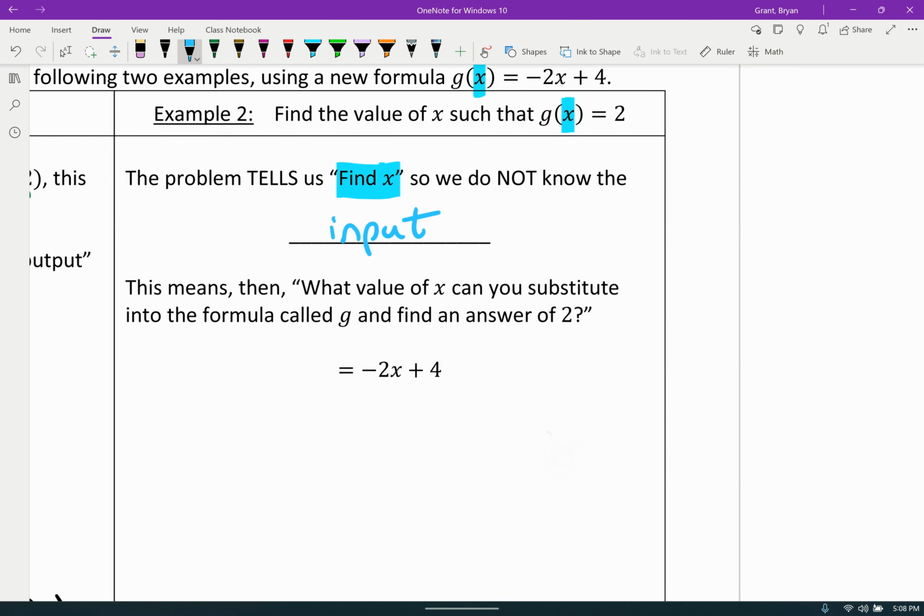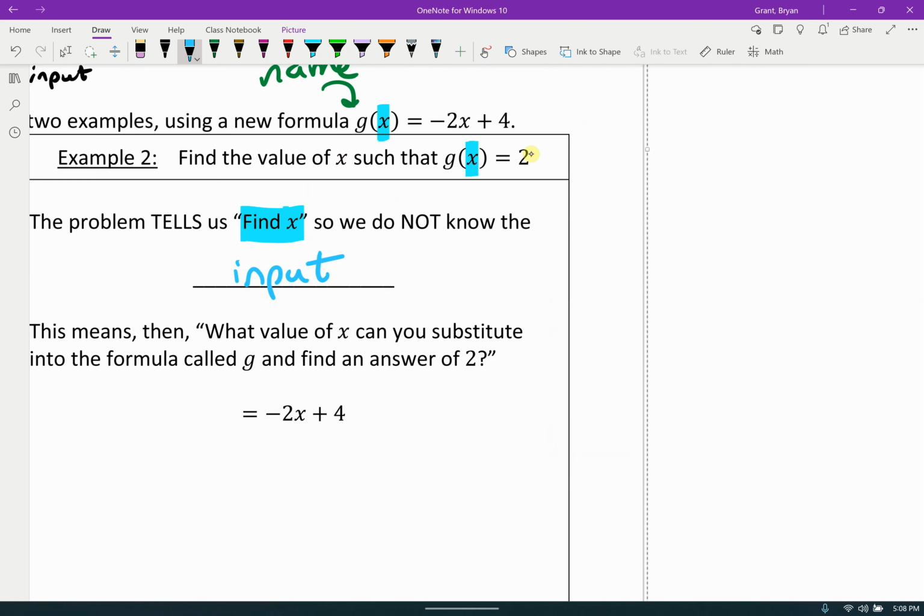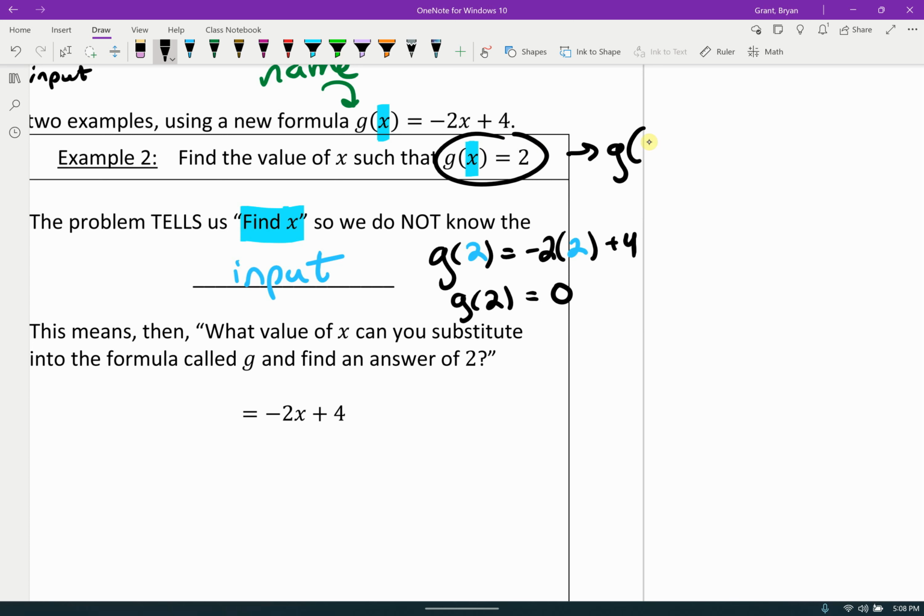What I see many students do here, and I'm going to cross it off in a second, is as soon as they see x and 2, they automatically say, oh, we want to find g of 2 in this negative 2x plus 4, so that means I'm going to substitute 2 into our equation. However, that's not what they're telling you here. We just found g of 2. g of 2 was 0. What they're telling us is they want to find g of what equals 2.